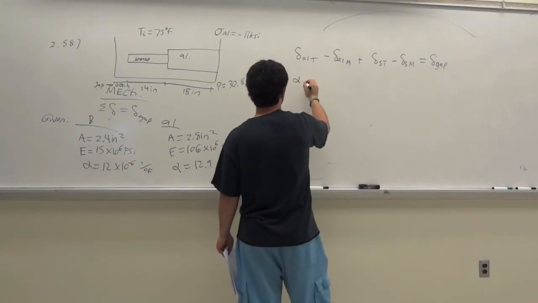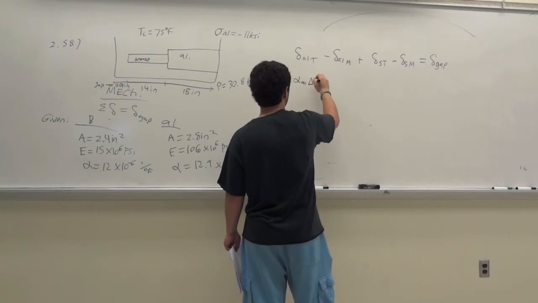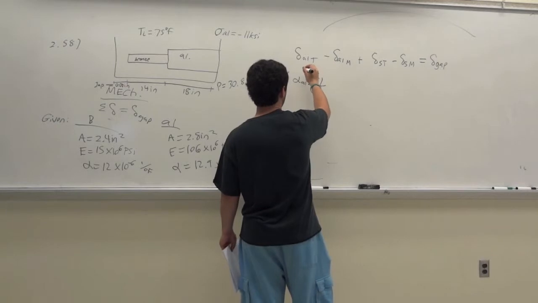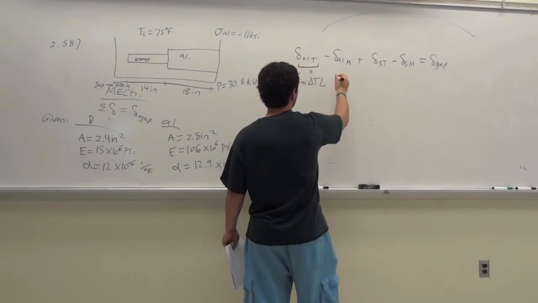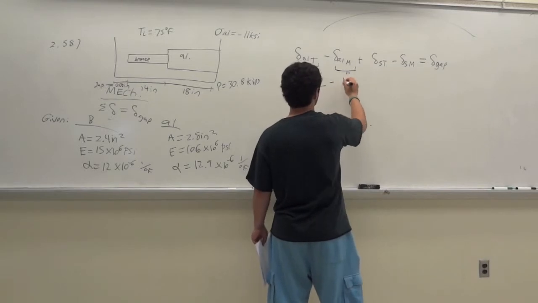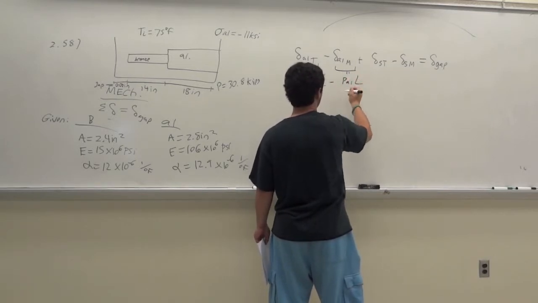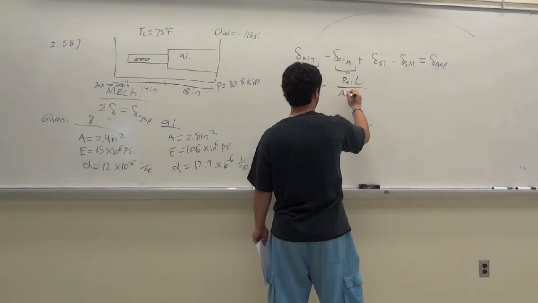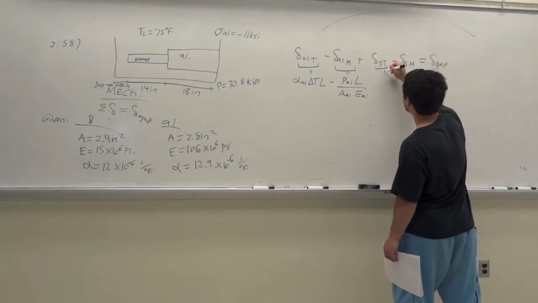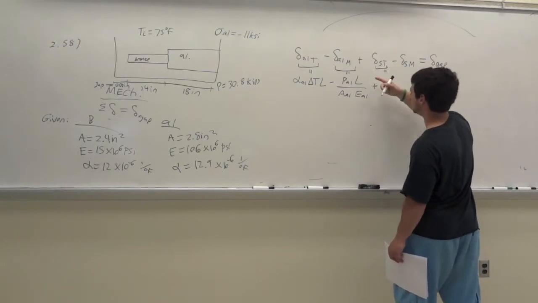We have alpha AL delta T L, right? That's a deformation of the aluminum. So that's this term over here. This term over here is equal to minus PAL times the original length over the cross-sectional area times the Young's modulus. And then this term over here is equal to plus, right?